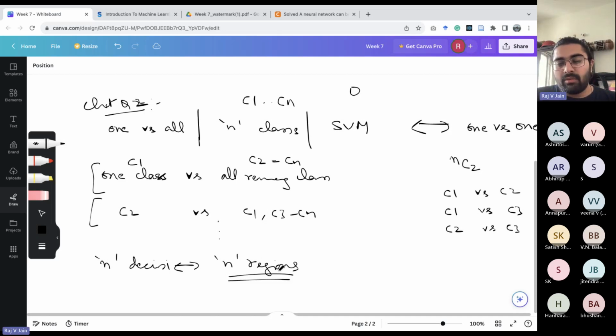In one region C1 will be the best class, in another region C2 will be the best class, and so on. That's how you will do the classification. These n decision boundaries are dividing your space into n different regions. That's the thought process.